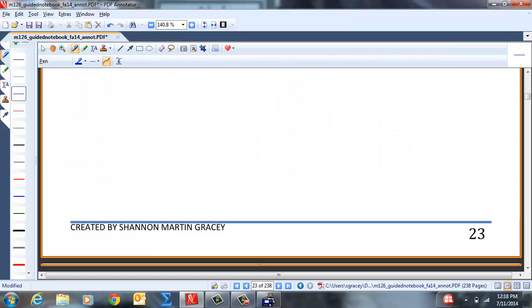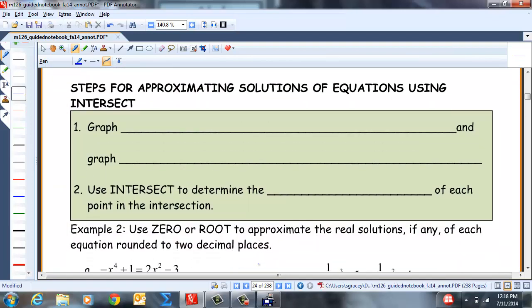All right. So another feature is the intersect method of solving. To use the intersect method, this is what you do. You don't do the work to get 0 on one side.